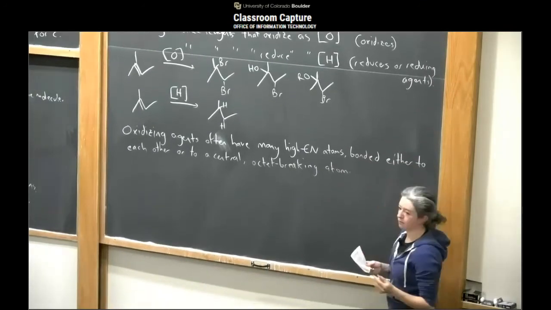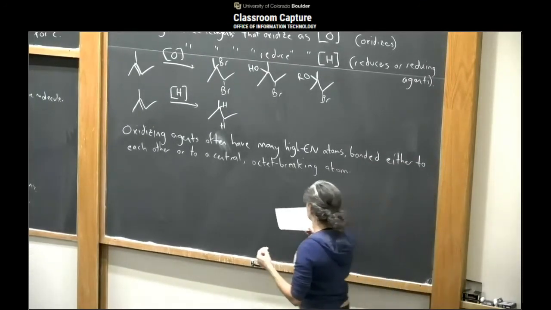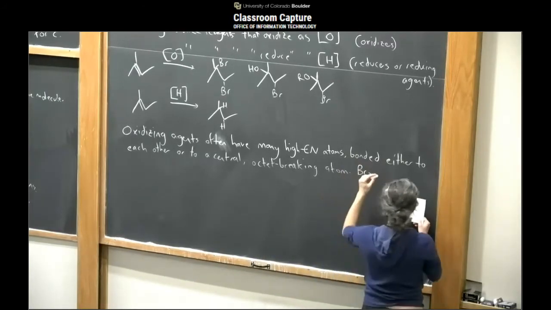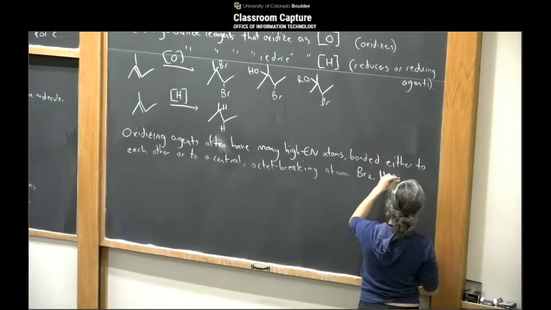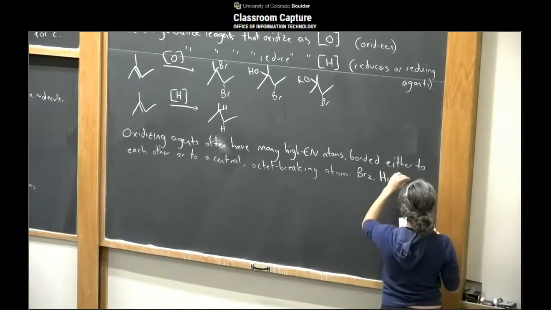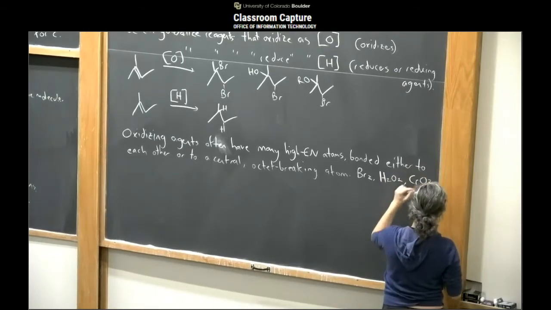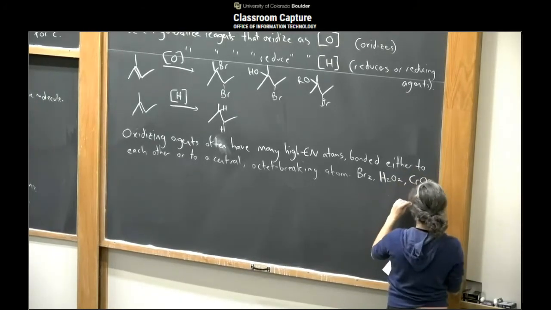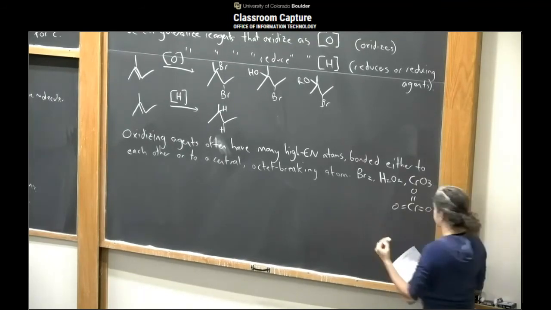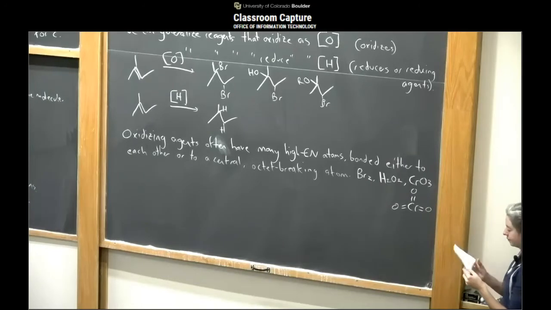So some examples that we've already seen a few times are things like Br2, H2O2, which if you look at the structure has two oxygens bonded together. CrO3 is another example, which looks like a chromium atom with 3 double bond O's coming off of it.